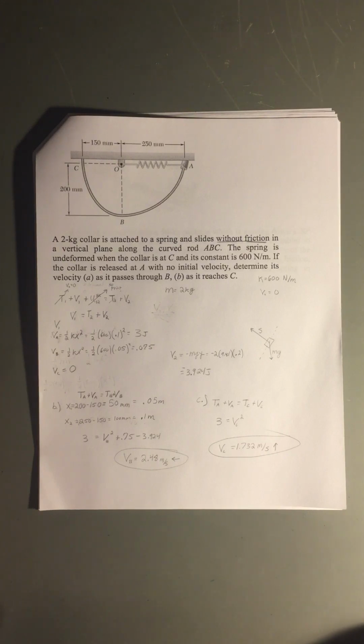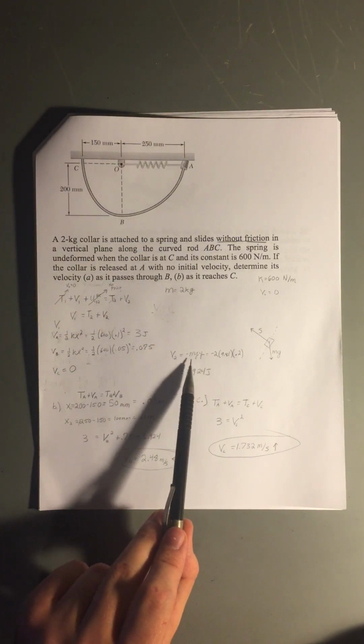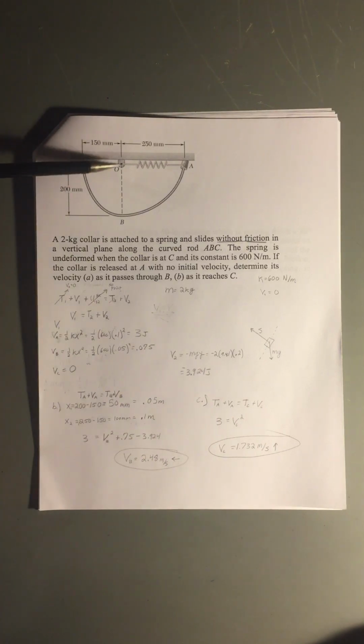And then as far as the potential energy, that comes from gravity. I did that right here, so that would be negative mgy. Stating that the bottom here is 0, that's my reference.